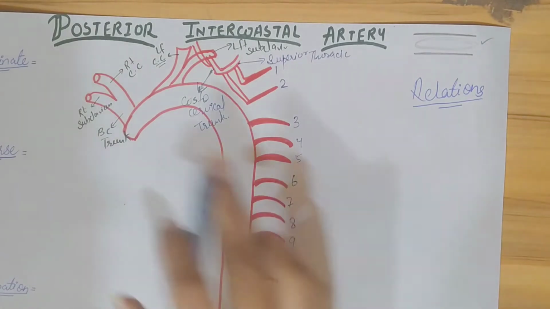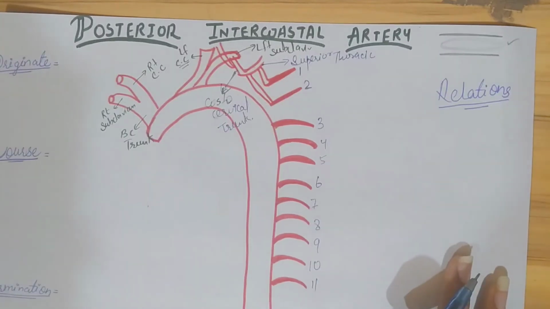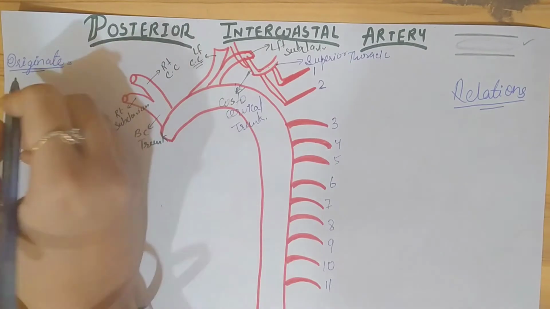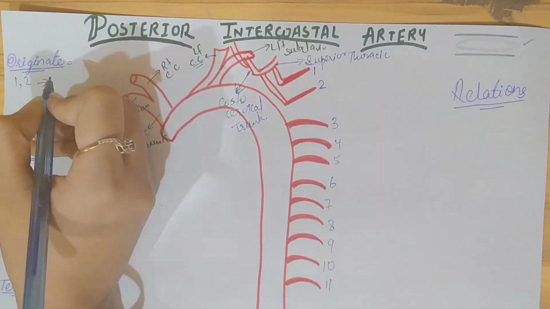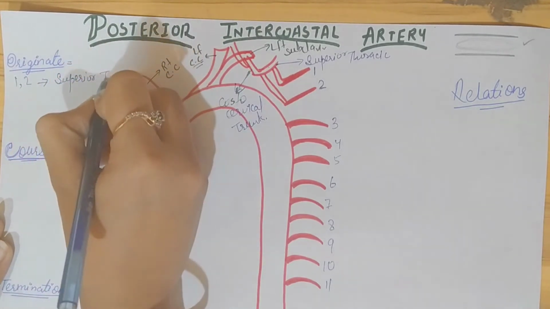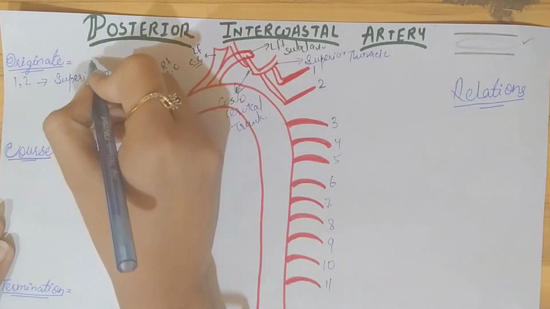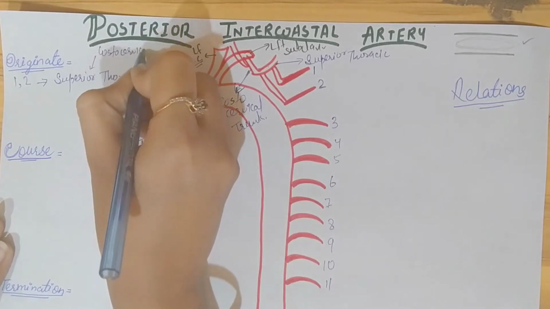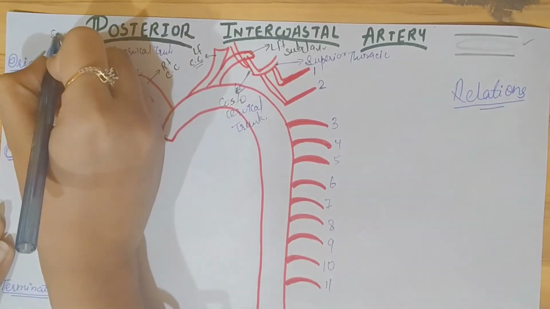So here we got the origination of the posterior intercostal arteries. Let's write here. Now when we see the origination of the posterior intercostal arteries, the first and the second arise from the superior thoracic artery, which itself comes from the costocervical trunk, which arises from the subclavian artery.